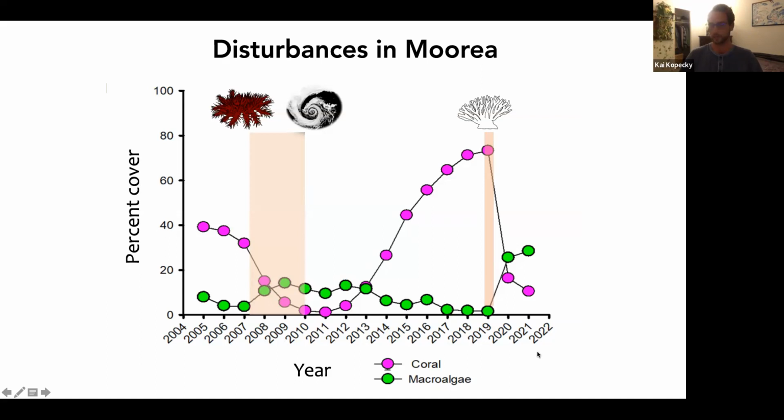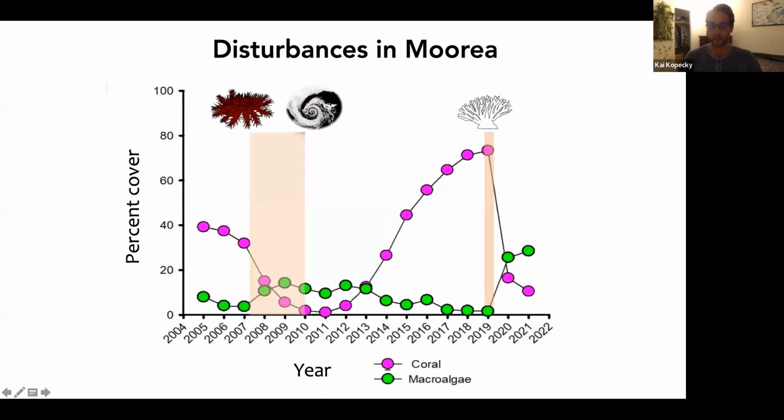You have year on the x-axis, and percent cover is basically how much of something is there on the reef. These dots here are coral, and these dots down here are macroalgae. I would try to say what colors they are, but I'm actually colorblind, so I don't want to mess it up. I think you can tell for yourself.